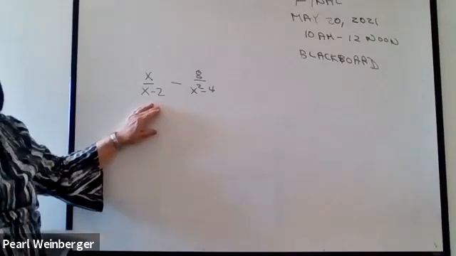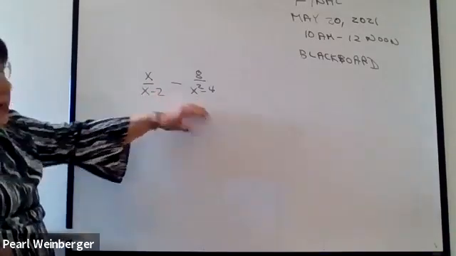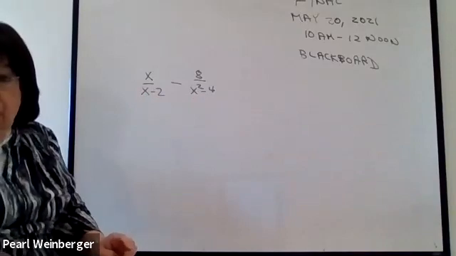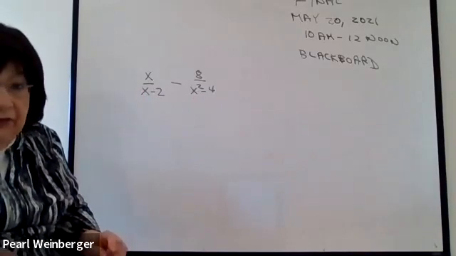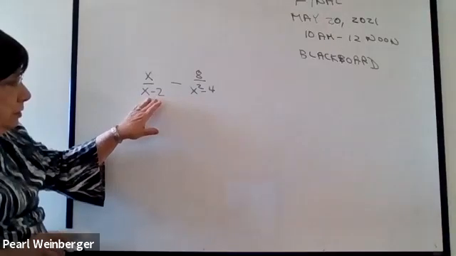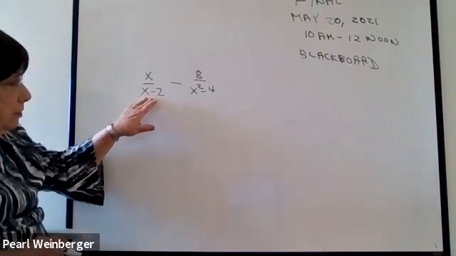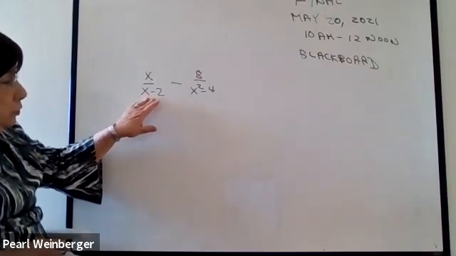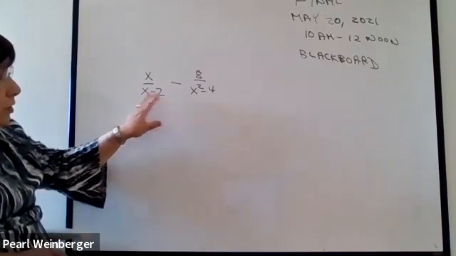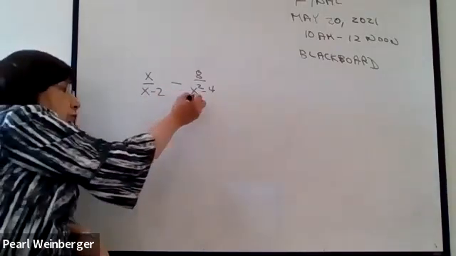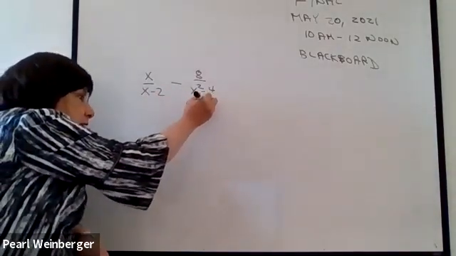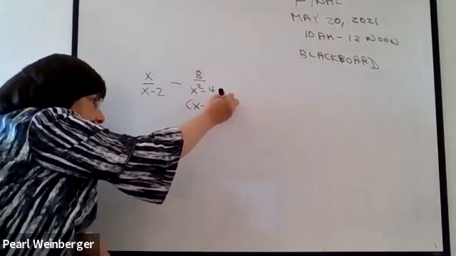Okay, so we're subtracting two fractions, and in order to subtract them, we have to have a common denominator. In order to find the common denominator, I first factor the denominators. This is already X minus 2, so I don't have to do anything with it. But the X squared minus 4, I factor to X minus 2 and X plus 2.